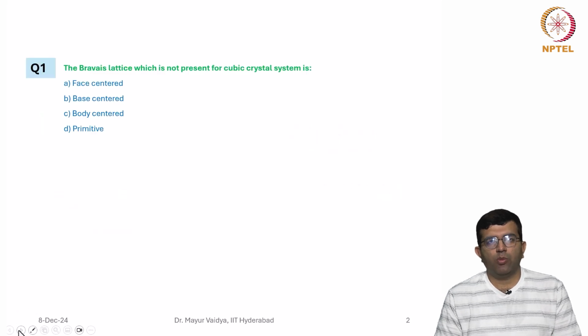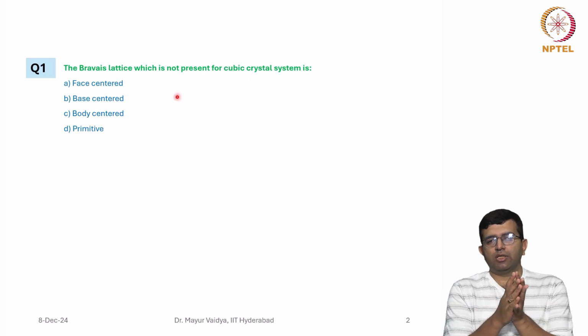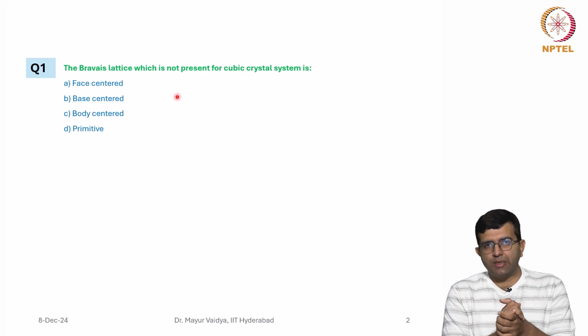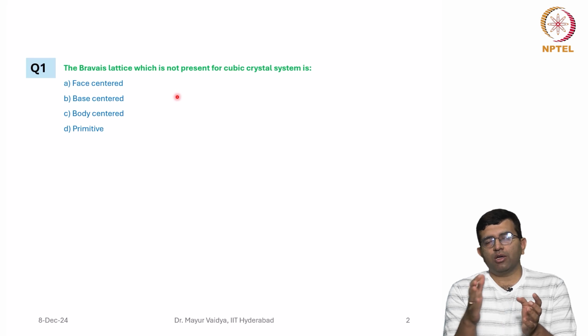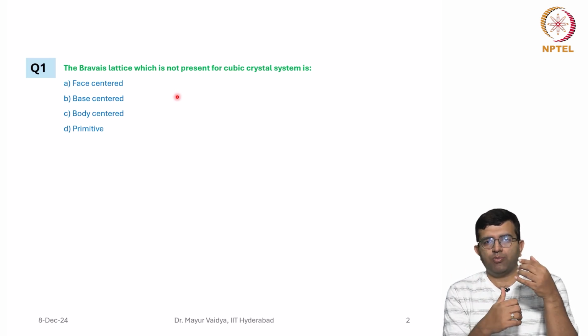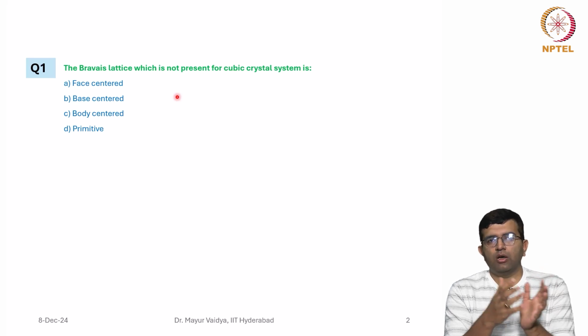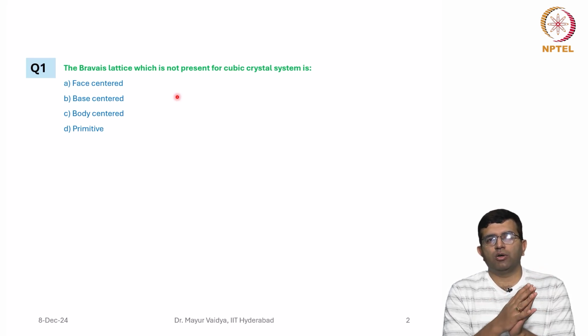So question number 1, this is fairly simple. The Bravais lattice which is not present for cubic crystal system is. So you remember that there are 7 crystal systems, and actually there are 4 different types of Bravais lattices, that means a primitive, a body centered, face centered and also a base centered.